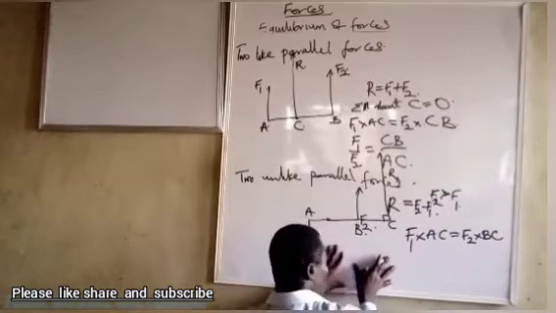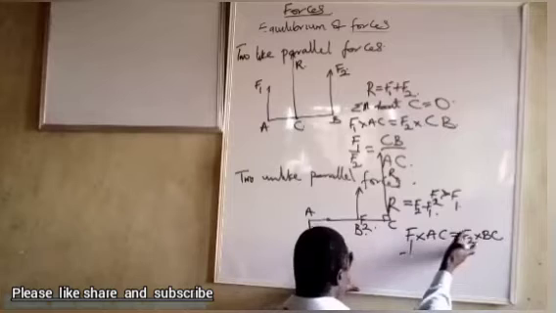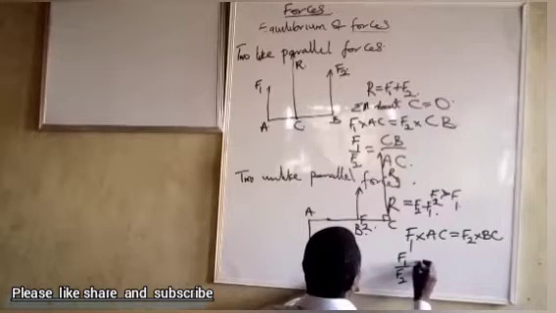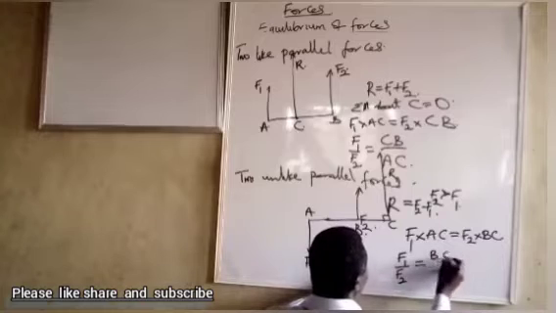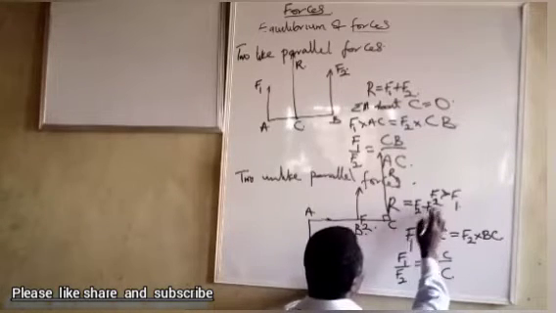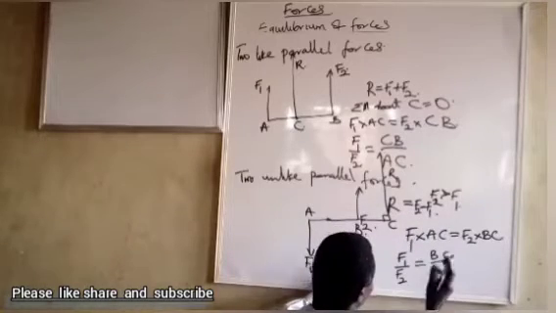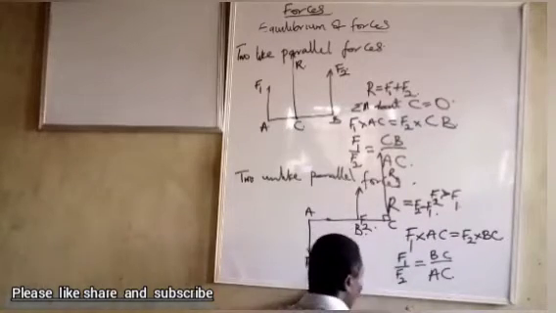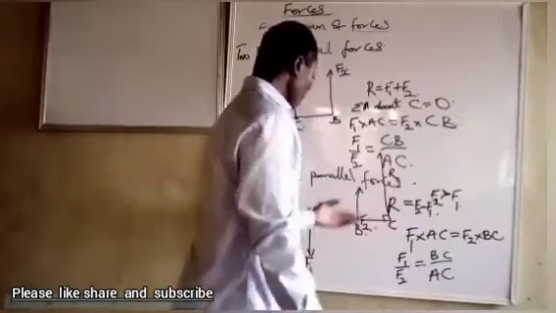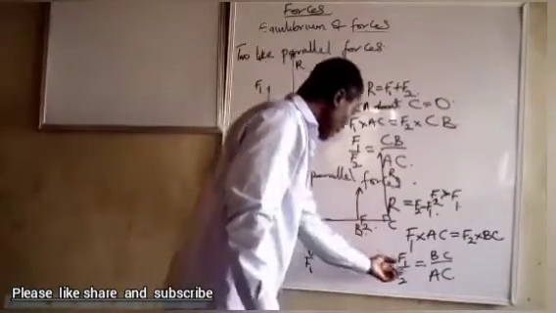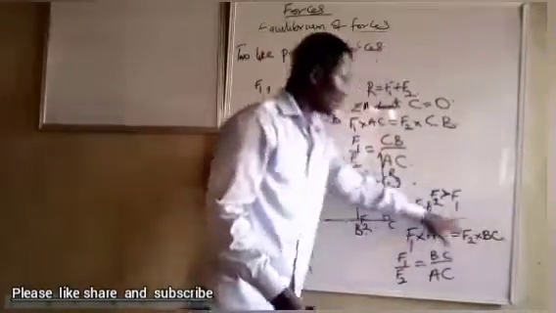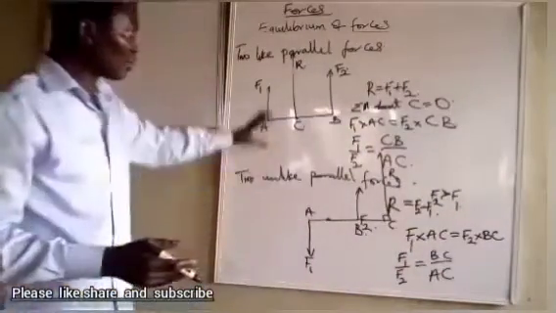Please, this is for unlike forces, and F1 is smaller than F2. So F1 over F2 is equal to BC over AC, and R is equal to F2 minus F1. So in this case, F1 is smaller and BC is smaller. F2 is bigger and AC is bigger. So just understand this and then you solve the problems under this.